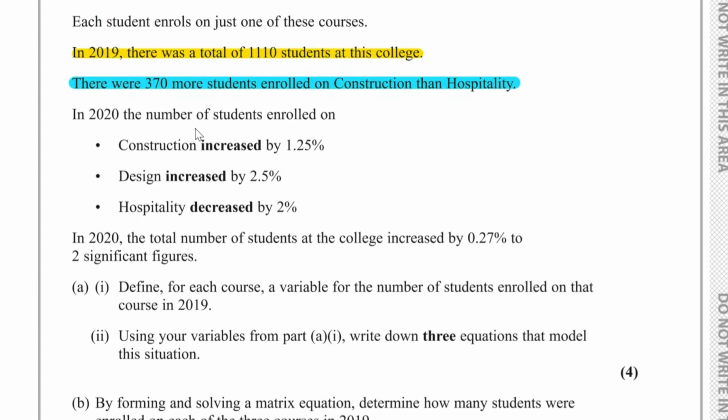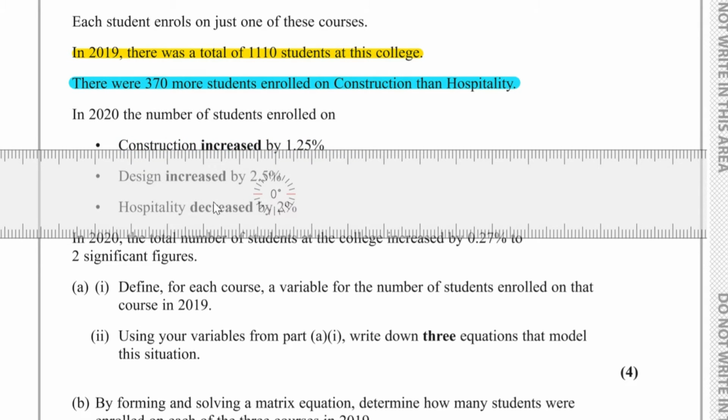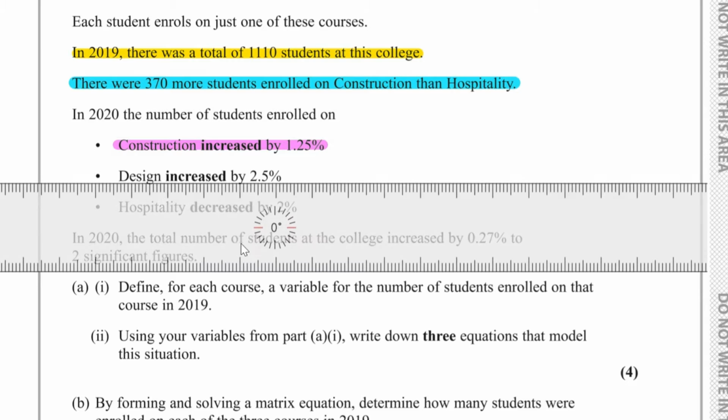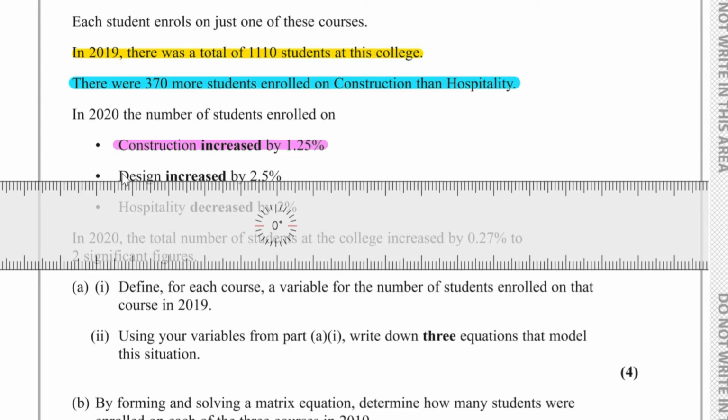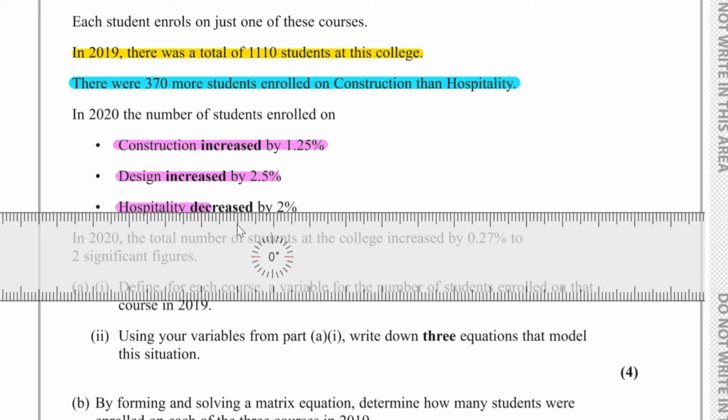And if we take a look at what else we know from the question, we know that in 2020, construction increased by 1.25%, design increased by 2.5%, and hospitality decreased by 2%.